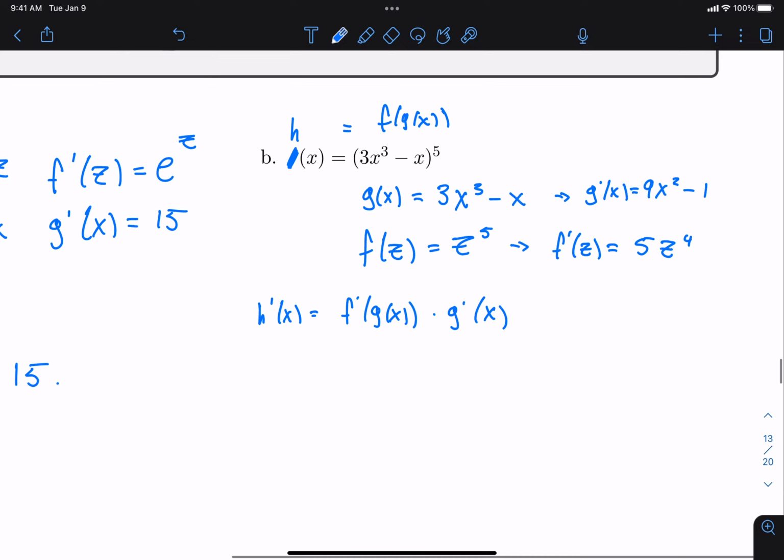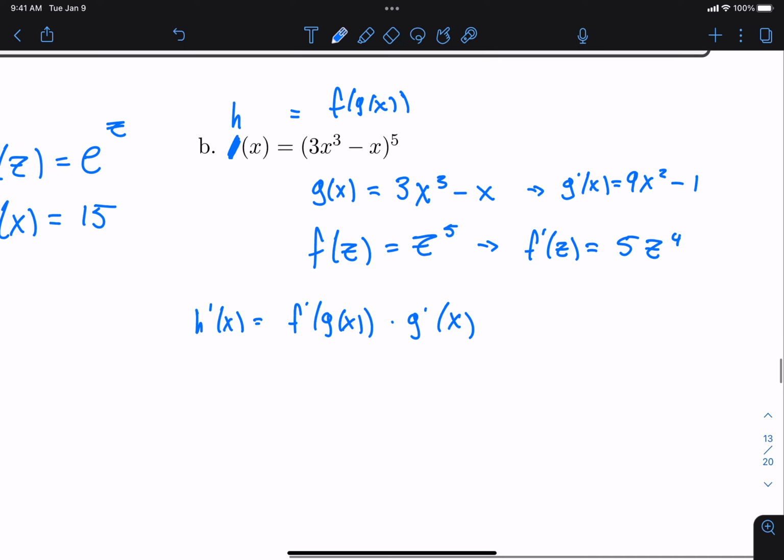And now all I'm going to do is use the formula. So what am I supposed to do? I'm supposed to use g as the input in f prime. So here's g. I need to use it as the input in f prime, which is 5z to the fourth. So I'm going to write 5, and then I put the input g in, which is 3x cubed minus x, raised to the fourth power.